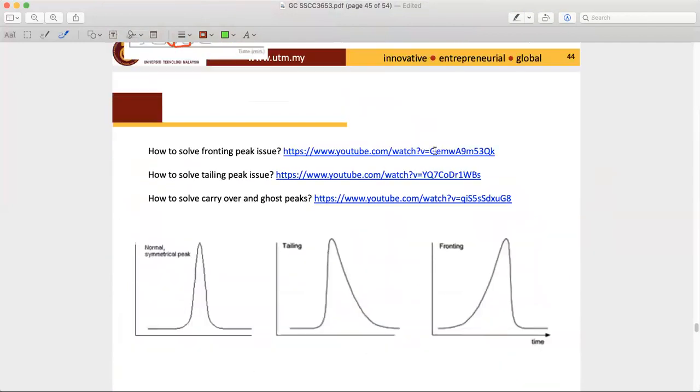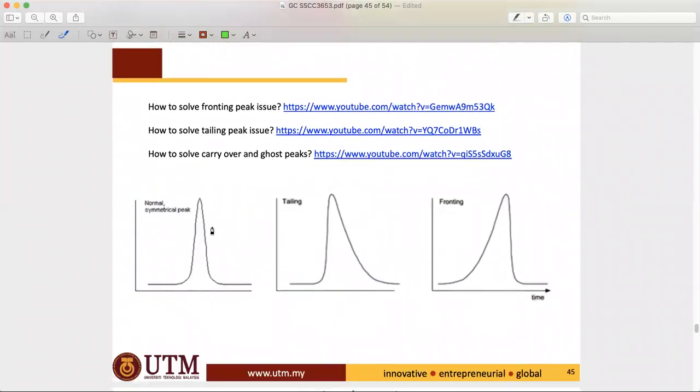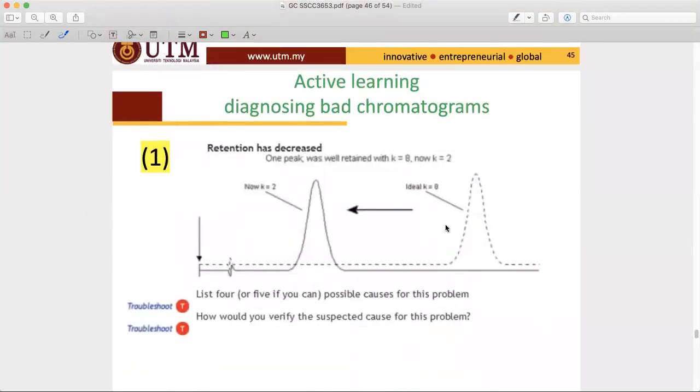How to solve fronting issues. So this is a normal symmetrical peak, as I mentioned before. This is tailing, where it was supposed to increase instantaneously and then come down like this. But we have a tailing effect here, and we also have a fronting effect here. So how are we going to resolve this?